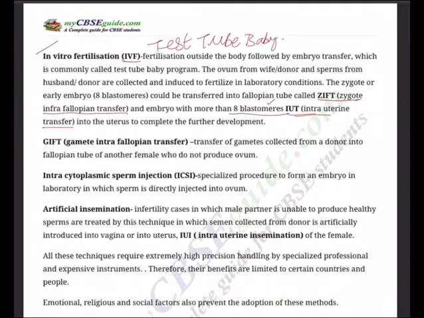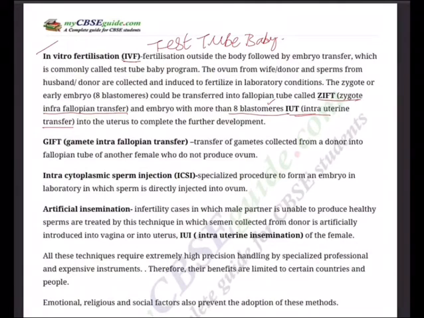So the uterus will be given on rent. These mothers are called surrogate mothers, not biological mothers. In case of some problem with the biological mother, the surrogate mother can have this embryo within her uterus and help her to complete the further development and give birth to the baby.